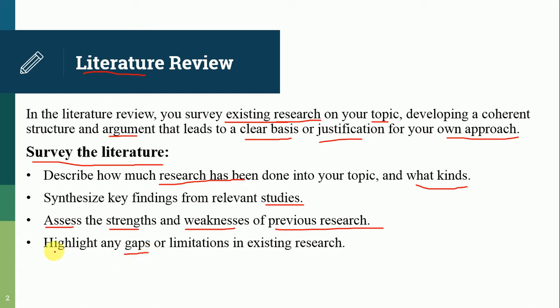Now highlight that and also point out the limitations. The research which existed on this topic has these gaps and limitations. You should make mention of them and highlight them in your literature review.